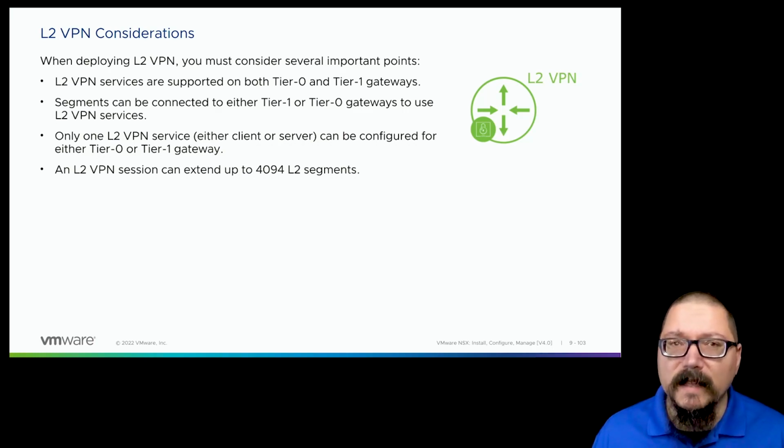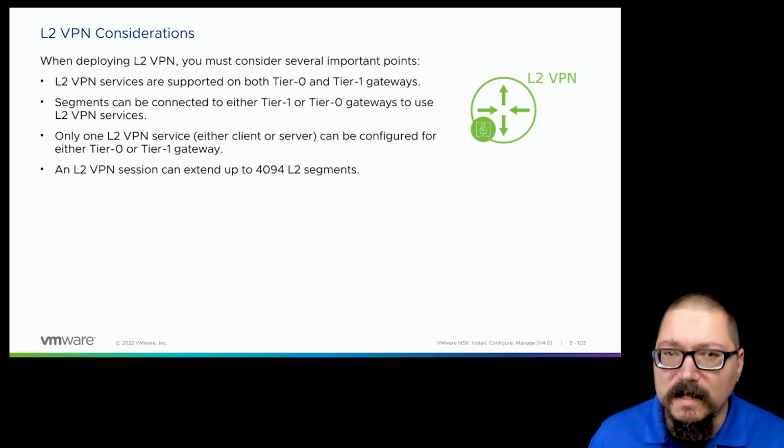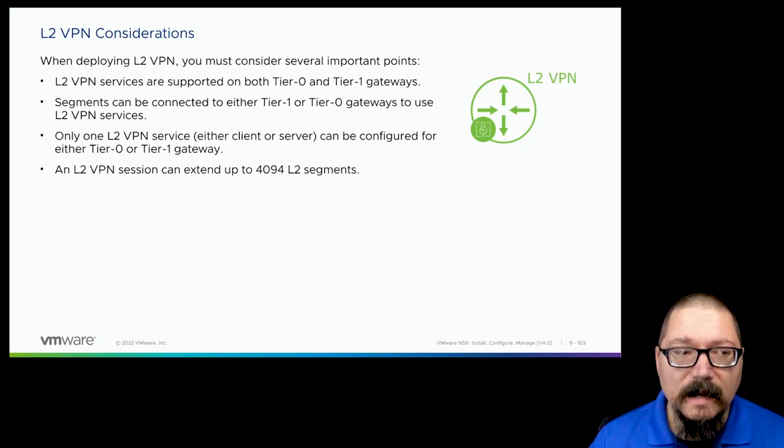So what do we need to think about? What do we need to consider here? Layer 2 VPNs can be configured on either Tier 0 or Tier 1 gateways. We saw that with IPsec VPN, so the same kind of holds true here. The segments in NSX have to be connected to a gateway, probably my Tier 0 or Tier 1, wherever I've created the VPN.